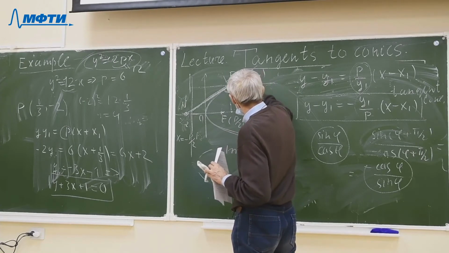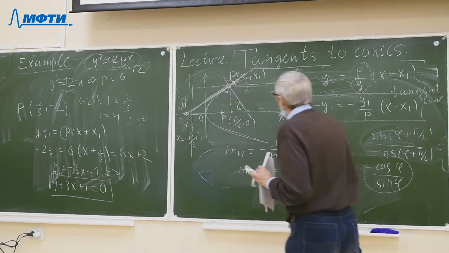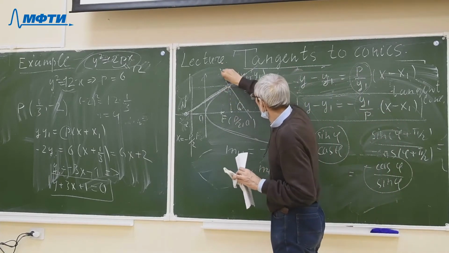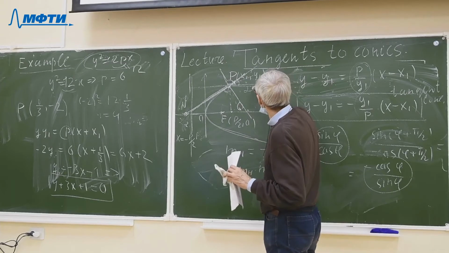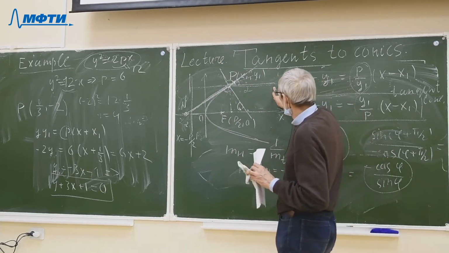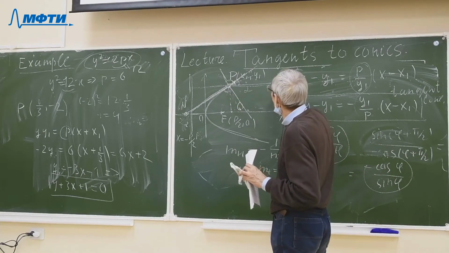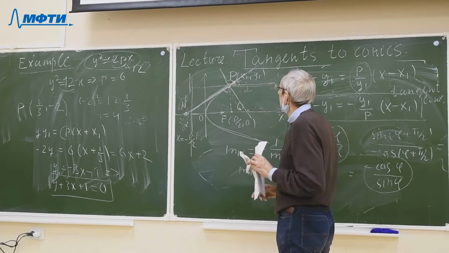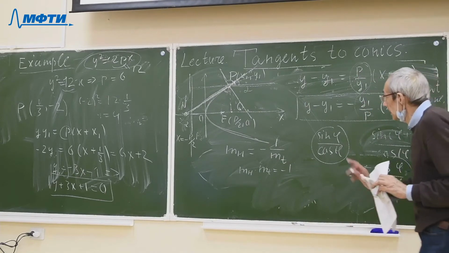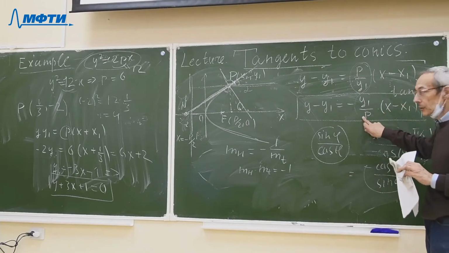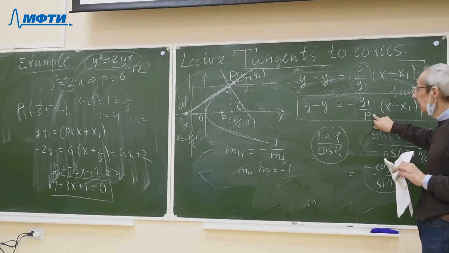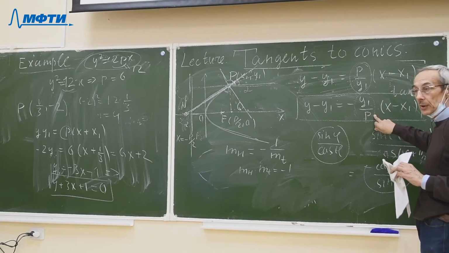We added to alpha the angle pi divided by 2 and obtained the angle between the normal and OX. Yes, I understand. Because this coefficient is equal to minus y divided by p.